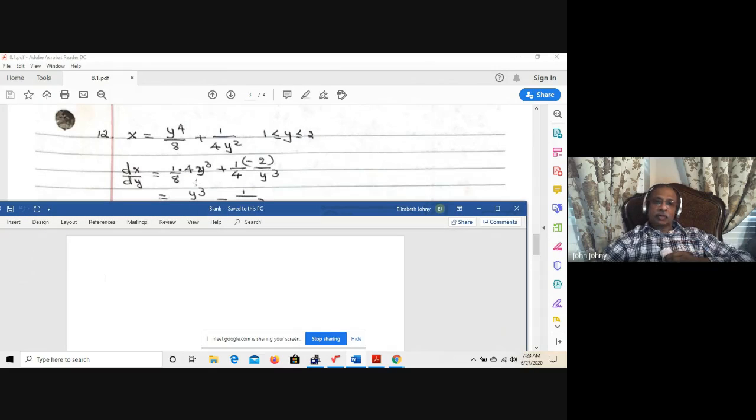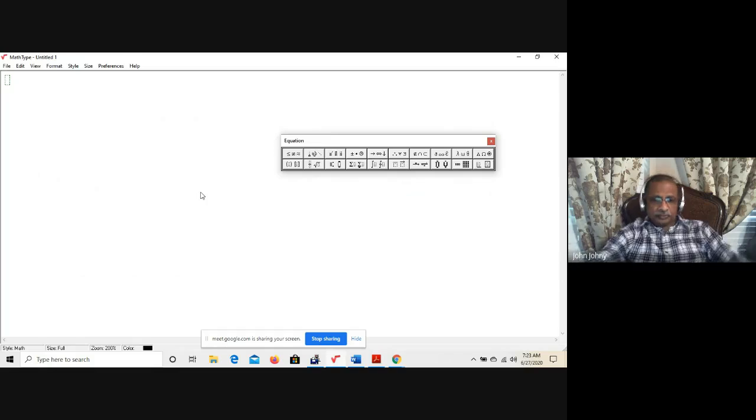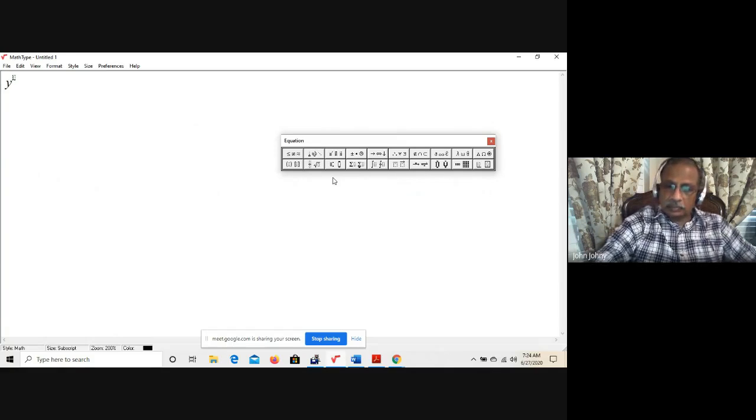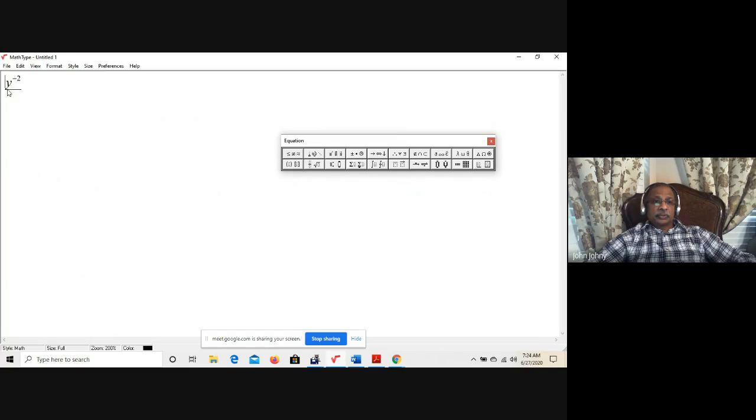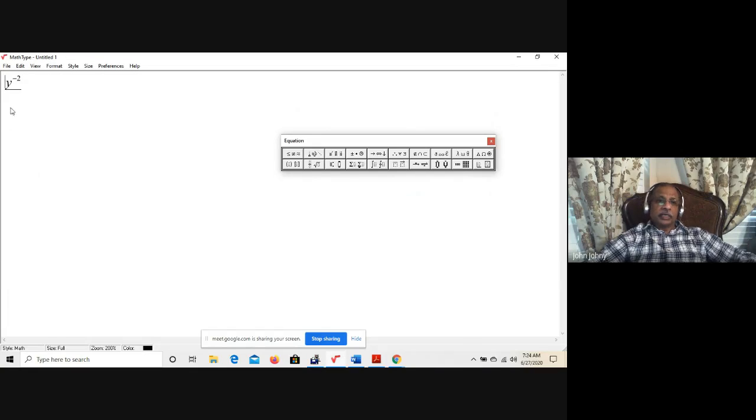Dx over dy is 1 over 8 times 4y cubed plus 1 over 4 times negative 2 over y cubed. If you do not remember this formula, you write 1 over y square as y to the negative 2. When you differentiate that, what do you get?